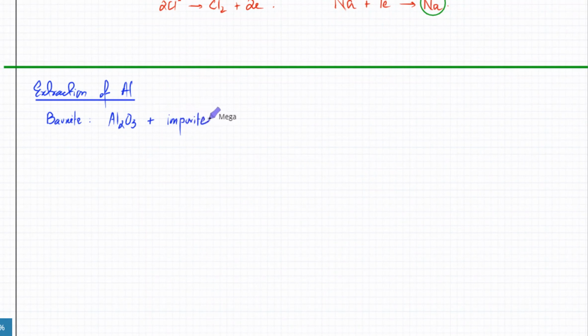Lots of them. And mainly, the impurities are iron oxide and other metal oxides. ठीक है, ये सारी आपकी impurities हैं. And step 1 of the reaction is you've got to get rid of the impurities.